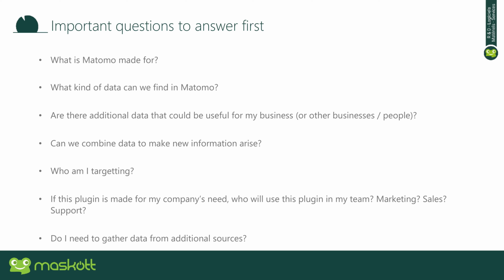So this is important to have that in mind in order to figure out what we can do with this data. Also, you can ask yourself, are there additional data that could be useful for my business or other businesses or other people? Like you may want to combine data from Matomo or from external sources to make new information arise.